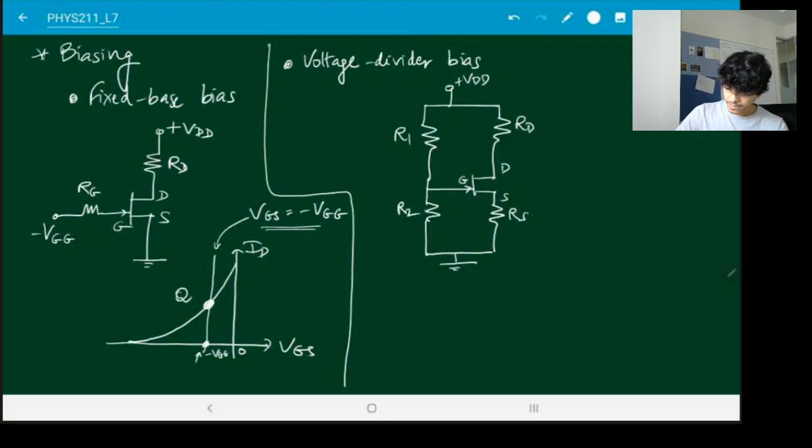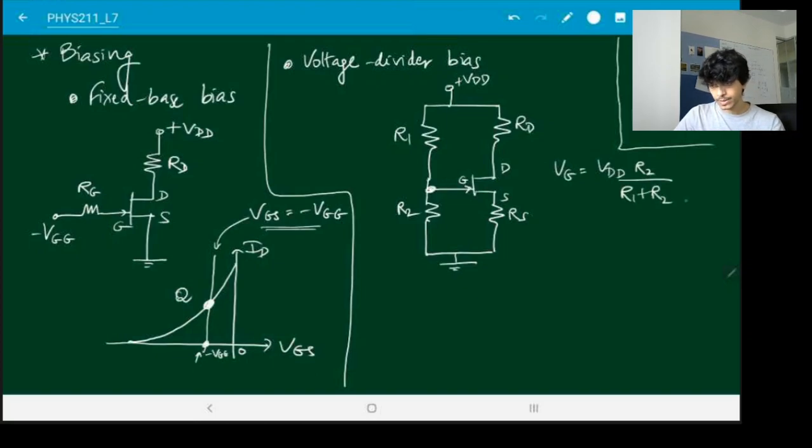So once again, if I want to find what is the voltage at the gate, voltage at the gate is given by VDD times R2 over R1 plus R2. This is the voltage that is biasing your gate. And remember that you always want your gate source junction to be negatively biased, reverse biased. So you can write an equation now.